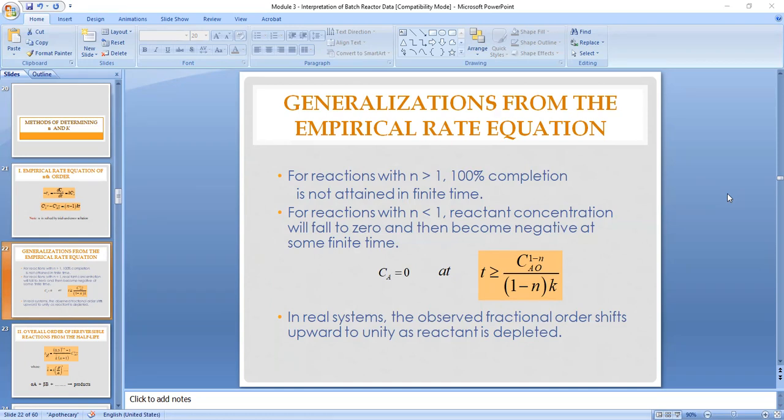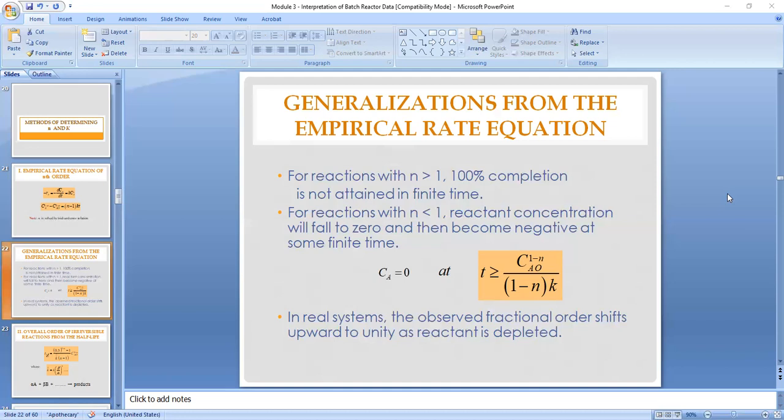I'm not sure, Miss. It's that the product is formed, so it's not complete.